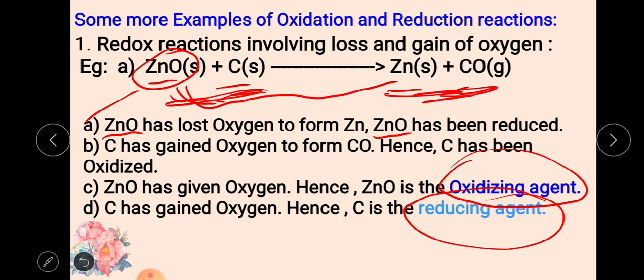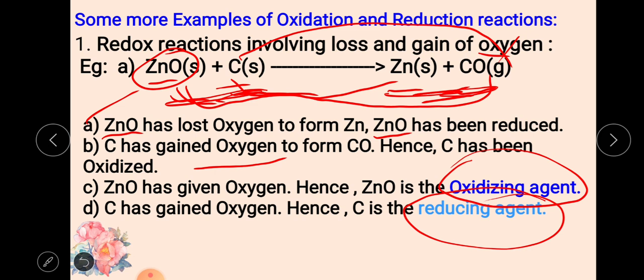Carbon here becomes carbon monoxide. Means carbon added oxygen, by adding oxygen we get carbon monoxide. So addition of oxygen, what do we call it? Yes, it is oxidation.